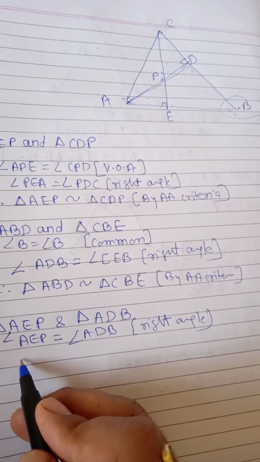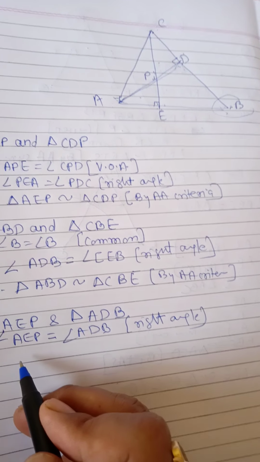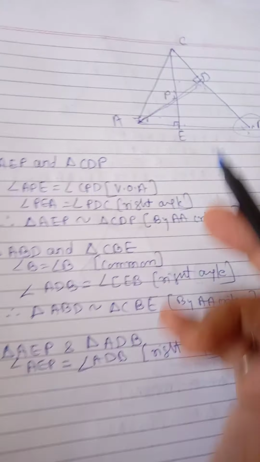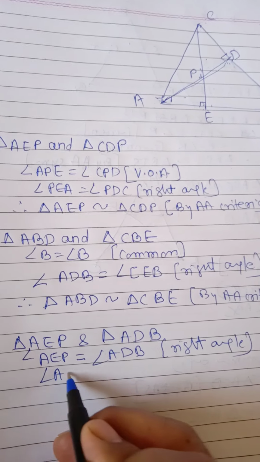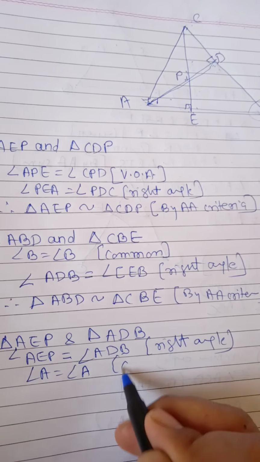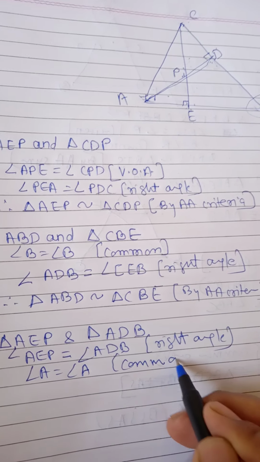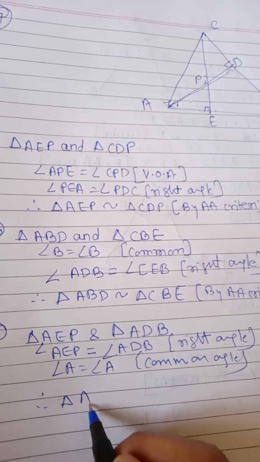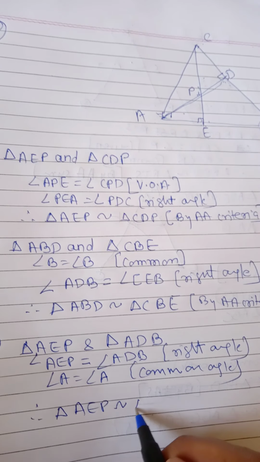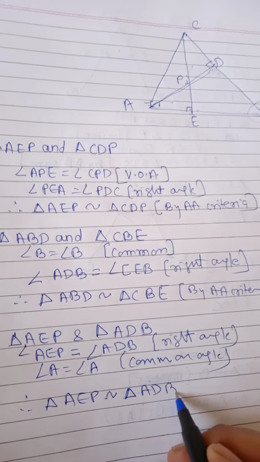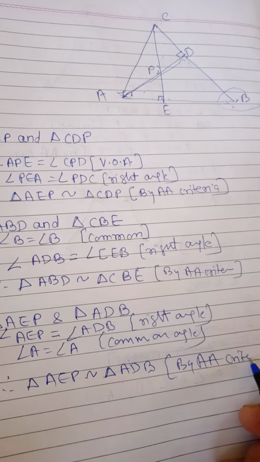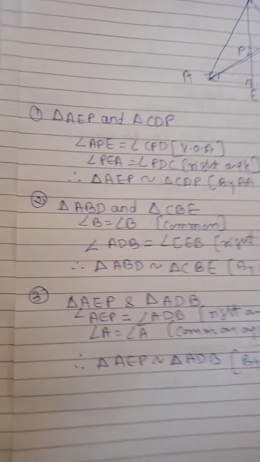And I will write which angle is common here. You'll find that angle A is common. Okay. So write angle A is equal to angle A. That is what? Common angle. And therefore triangle AEP is similar to triangle ADB by which criteria? Angle again. You can see all the topics are with angle criteria.